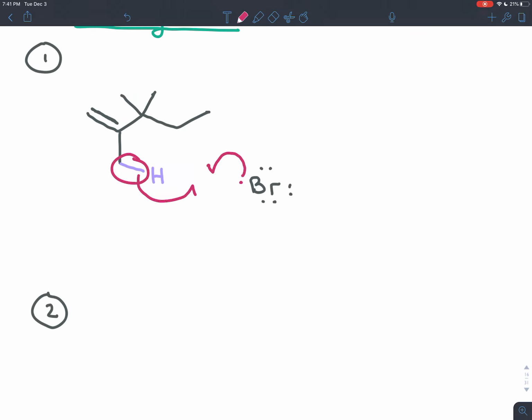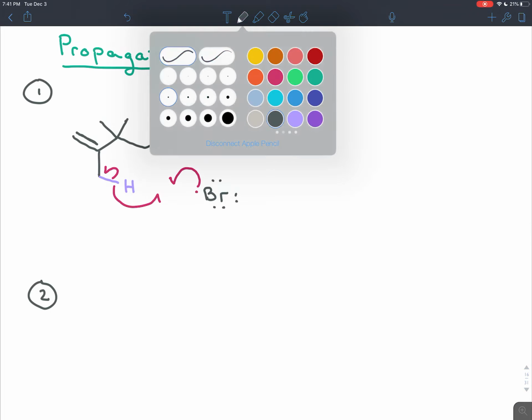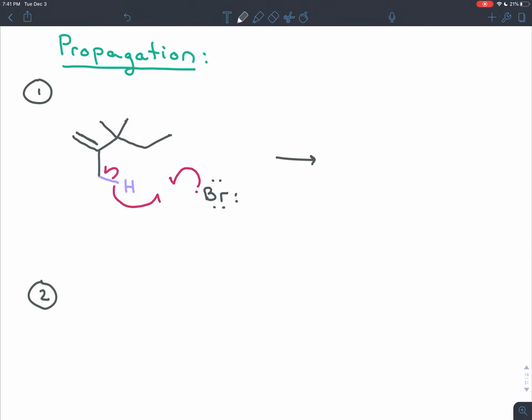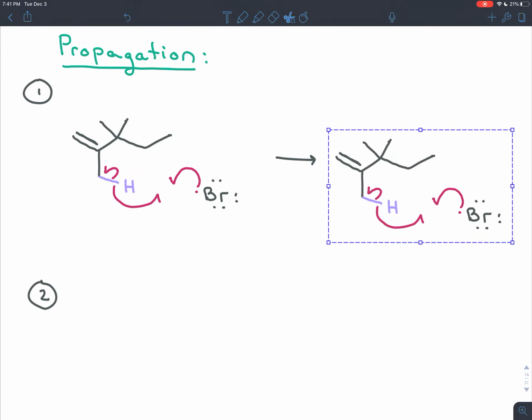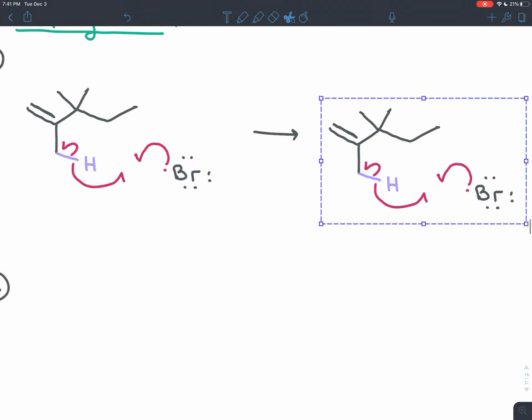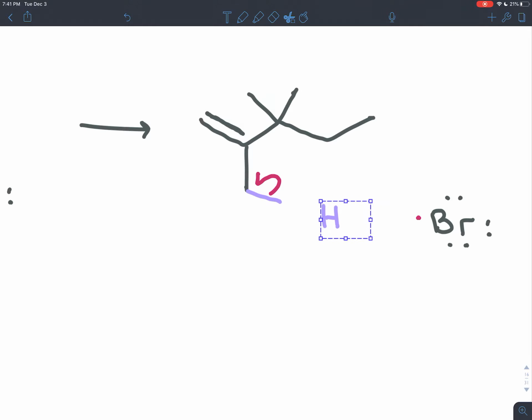And the second electron in this purple bond, going to the hydrogen, that breaks that last second electron, snaps back onto the carbon there. And so we form a new bond between the hydrogen and the bromine.